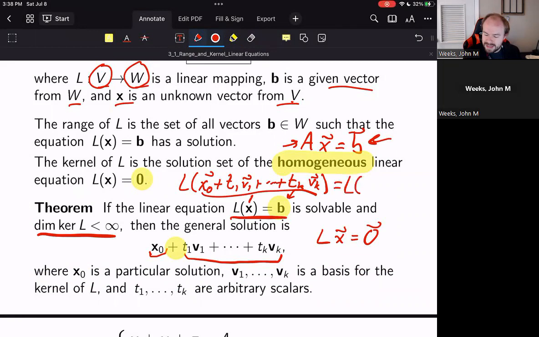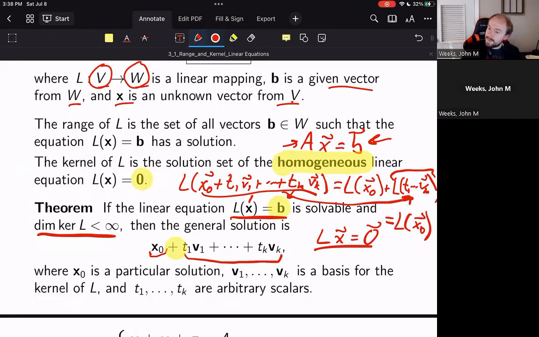Well, you break it apart like this: L of x naught plus L of t1 v1 plus ... plus tk vk. So this is all of that other stuff, all of these things put inside of here. Now, we know that this is a solution to the homogeneous equation. That means L of this value is 0. So this just leaves us L of x naught. And remember, this is what we said about x naught being the particular solution. This is the part that is equal to b.